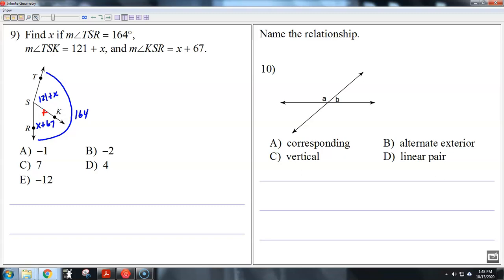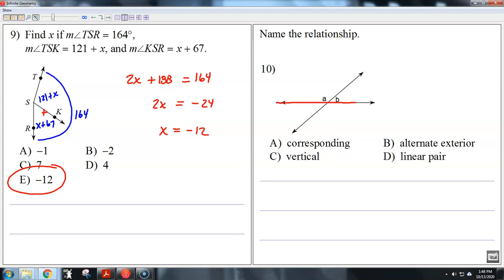So an x plus an x is a 2x. A 121 and a 67 gives me 188. And that should equal the big angle. Subtract 188 from both sides, and we go negative. Looks like negative 24. Divide by 2. Bam, negative 12.